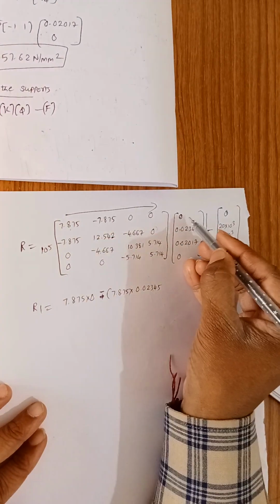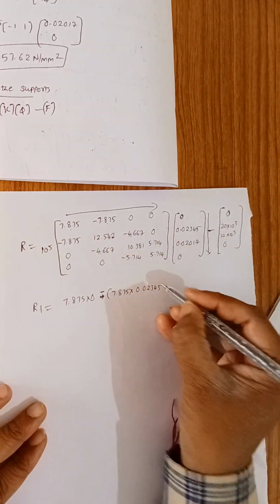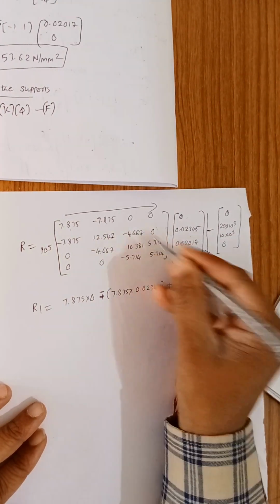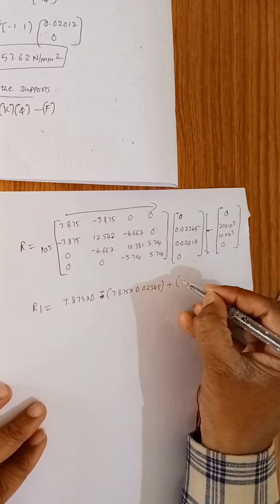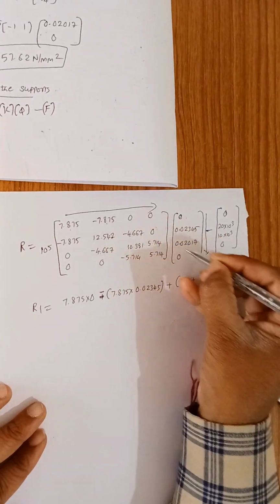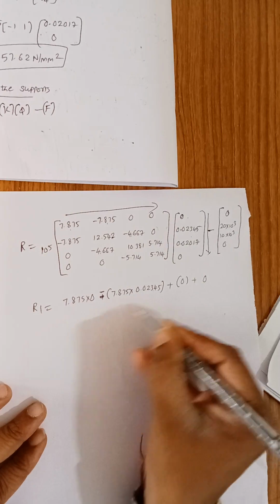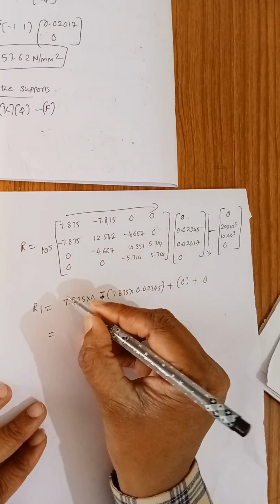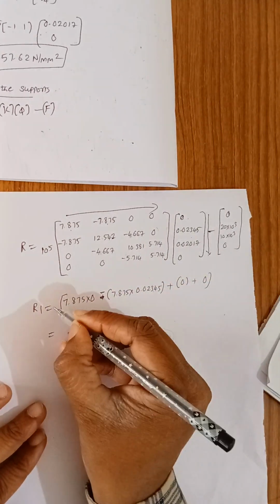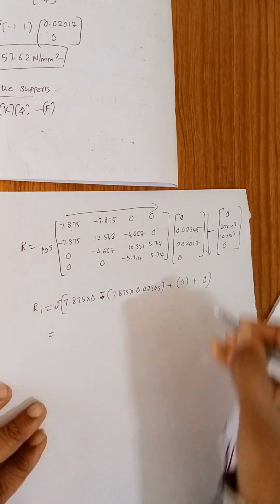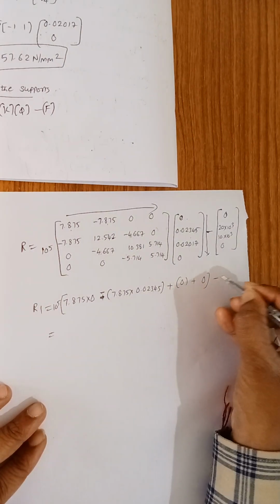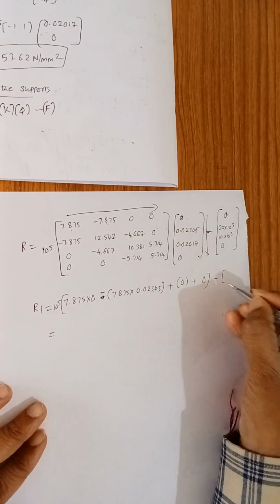The first element is multiplied by the first element, second by second. Next, plus 0 multiplied by this will be 0 anyways, and again 0 into 0 will be 0. So this will just give you the R1 value, and we also multiply by 10 to the power of 5, and subtract the first element 0.